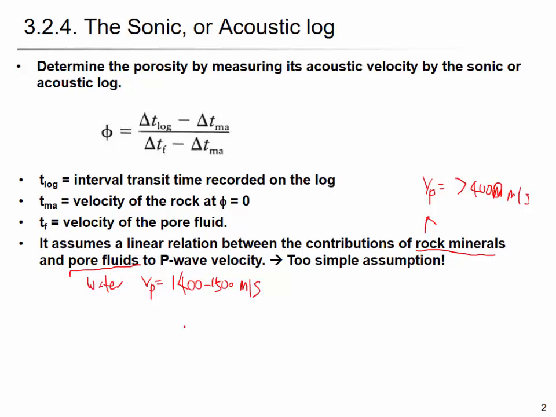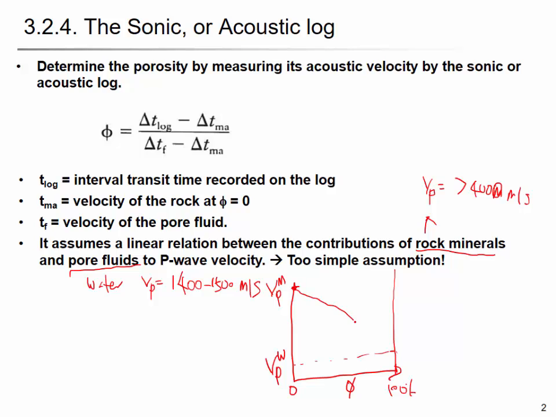So then, this axis is the porosity, and this is 0, this is 100%. If it's 100%, then the rock is just water, right? So you have the smallest P velocity, which is the P velocity of water. And when it's 0% porosity, it will be just the rock mineral, so that will be the P velocity of the mineral.